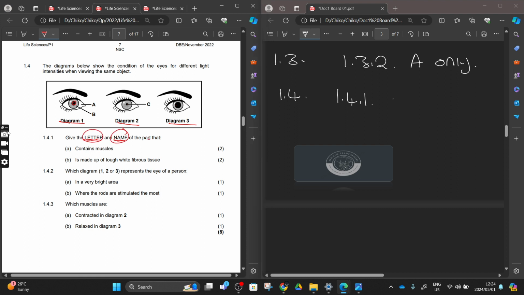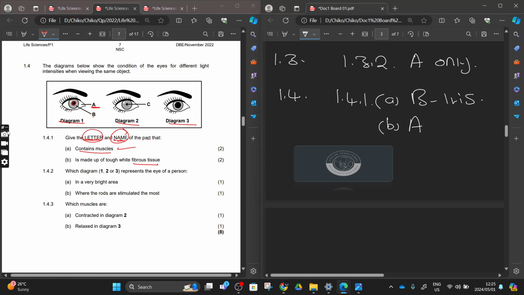Of the part that contains muscles, that will be number B, and that will be the iris, right? And then the part that is made out of tough white fibrous tissue. Even though we don't know, we only have A, B, C. Then C is the pupil. Is the pupil made out of tissue? No. B, we have already answered it.